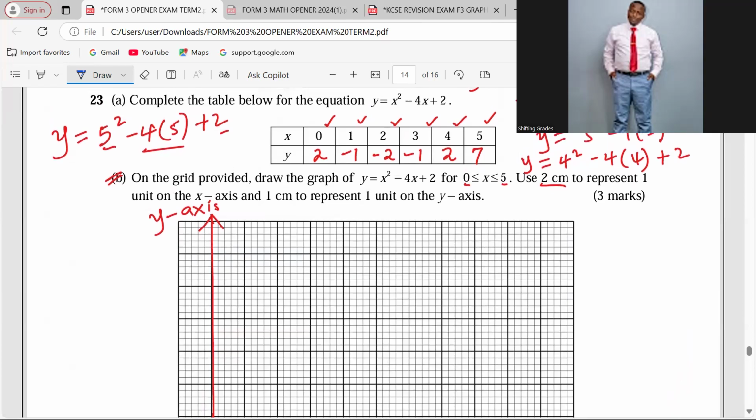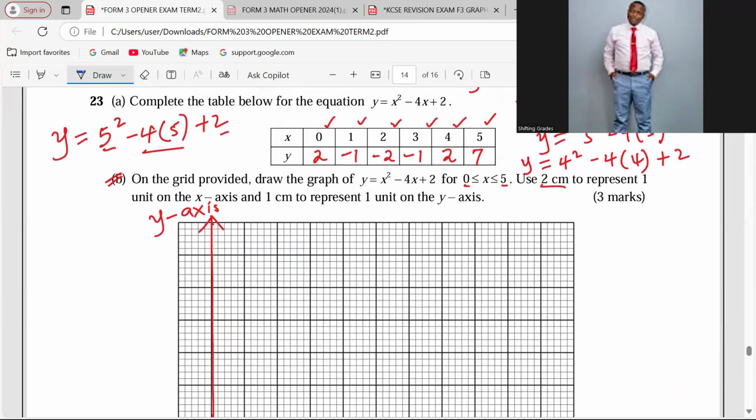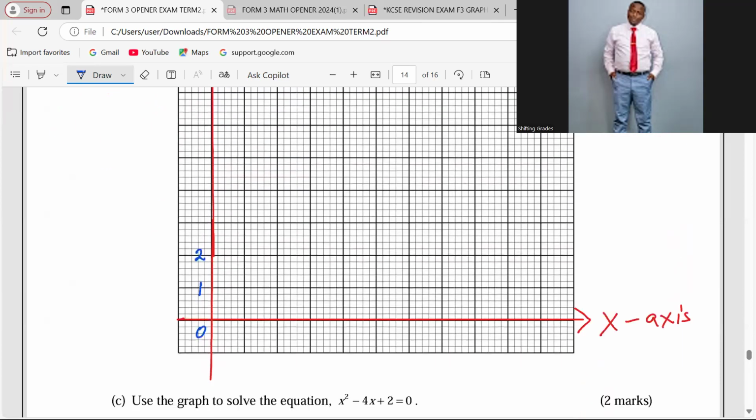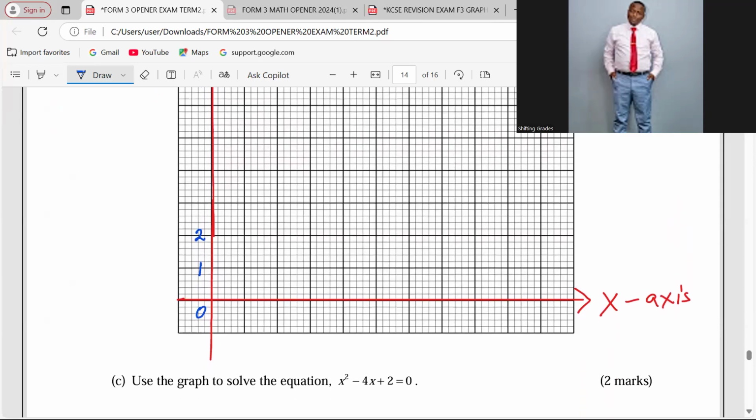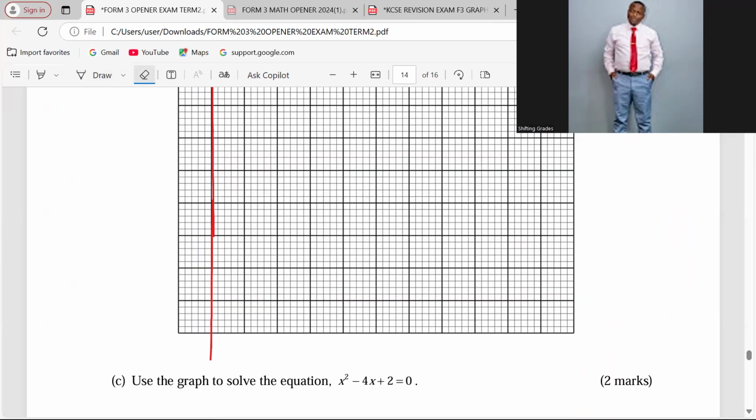Let's get back to the table. For the y-axis, we also need the negative values. Therefore, I should ensure that the x-axis is not as low as I have put it. So let me adjust it, because I will definitely need the values on the negative side.